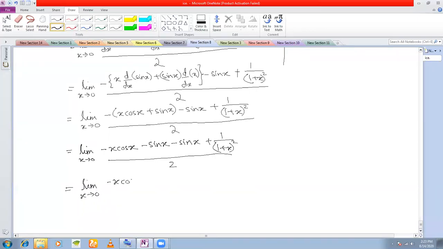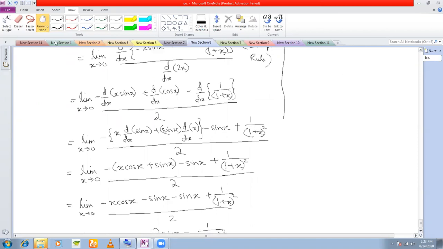Minus x cos x minus 2 sin x minus 1 by 1 plus x whole square, whole divided by 2. Now let's check here what we are getting.